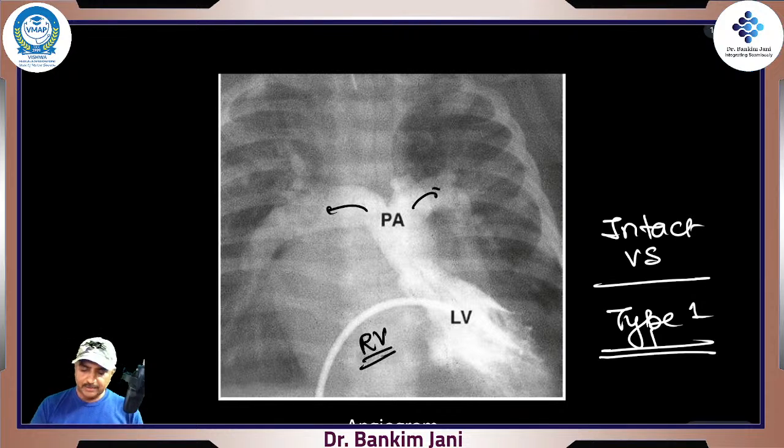Just by looking, it tells you that the pulmonary artery is fine, the flow is going fine. If the flow is going like this, then you know that the dye is going to this side also. So this means we are dealing with type 3, that is, there is a ventricular septal defect and there is pulmonary stenosis. So that's how things go. This is typical type 1.